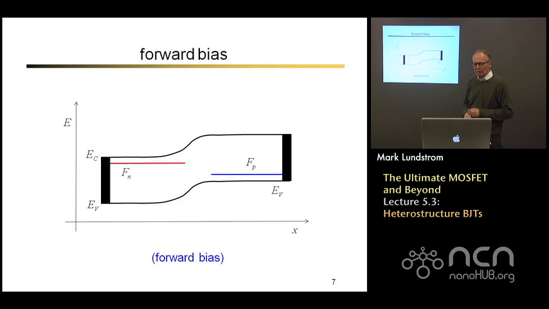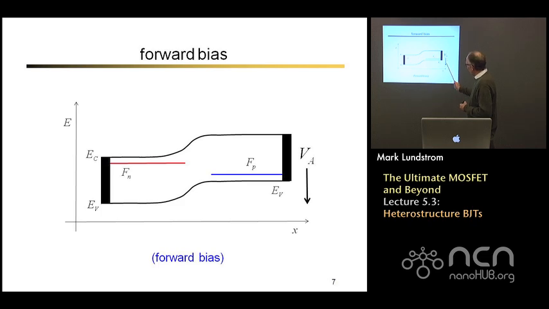Okay. Now, if we apply a forward bias to this p-n junction, what we do with a forward bias is we apply a positive voltage to the P side, or a negative voltage to the N side. It doesn't matter. The way we think about an ohmic contact is that the ohmic contact on the P side makes a connection to the quasi-Fermi level on the P side. The ohmic contact on the N side makes a connection to the quasi-Fermi level for electrons on the N side.